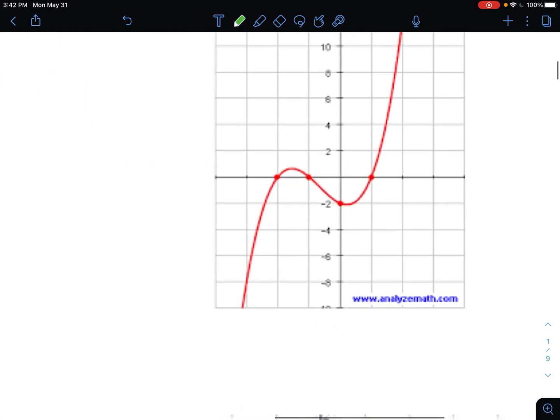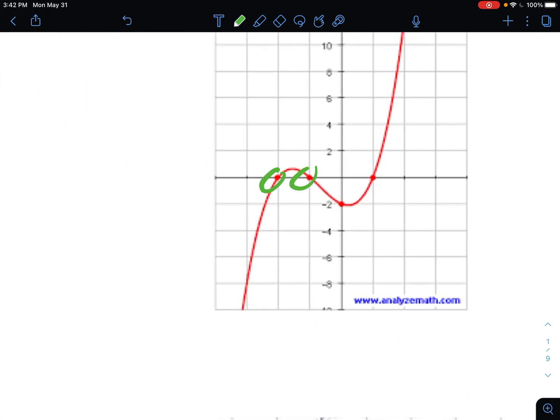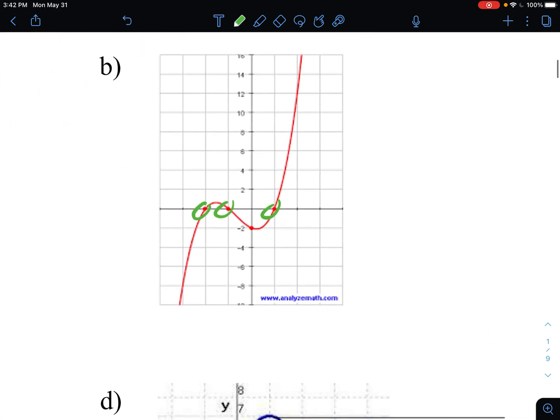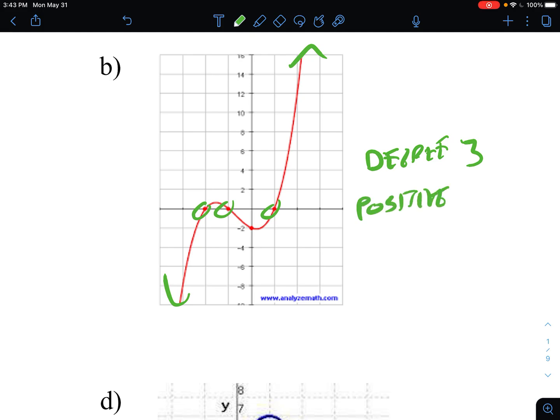Let's look at this one. This one has 1, 2, 3 x-intercepts, so probably degree 3. We can see that what this is doing, there's some wiggle in the middle, but if we zoom out and squint, it resembles what x to the third is doing in the same direction. So again, it would have a positive leading coefficient.